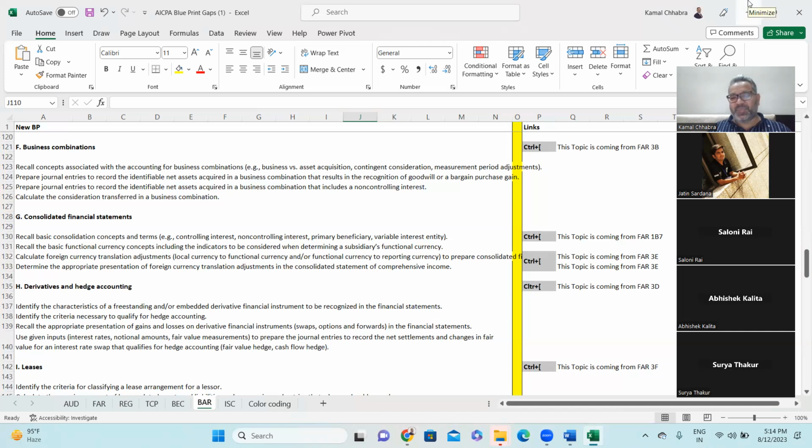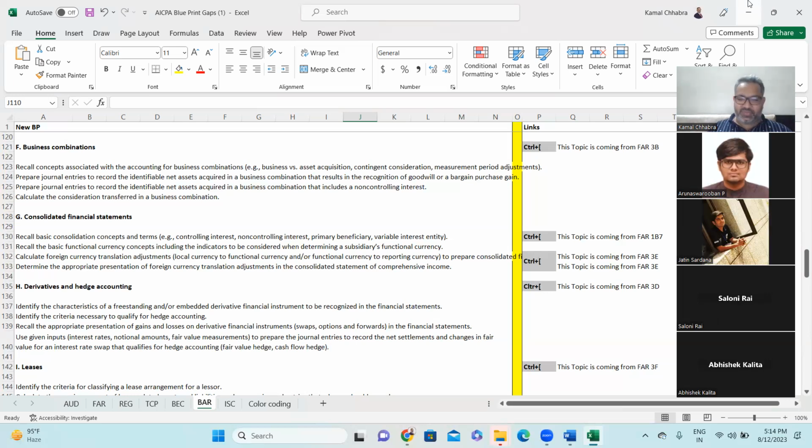Last time I audited, it was around 60 to 80 in a year. Anyone else can make a guess? This is not an exact number. Hundreds. Yeah, so around 100 to 110 acquisitions they make in a year. That means every second day they are doing an acquisition.